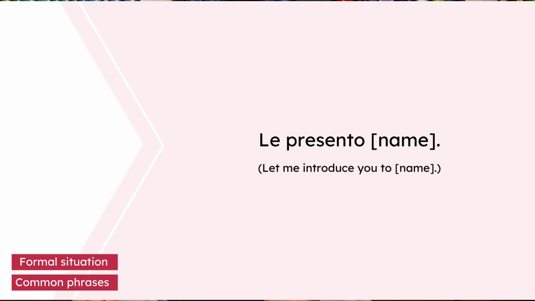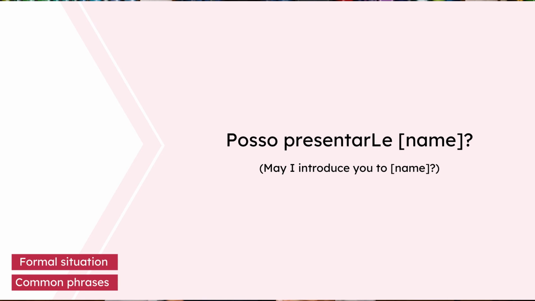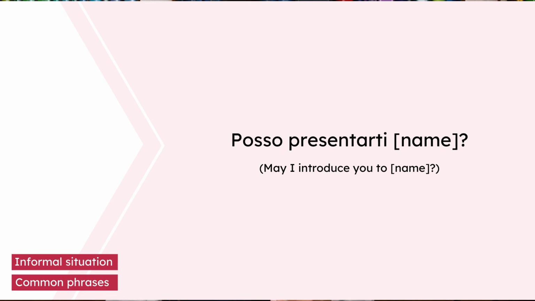You can say something like: le presento name in formal situations, or ti presento name in informal situations. An example, le presento Christian, or lui è name, or lei è name, or posso presentarle name in formal situations, or posso presentarti name in informal situations.